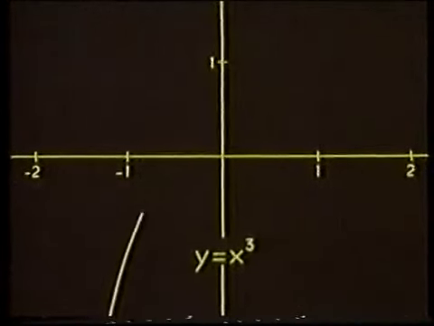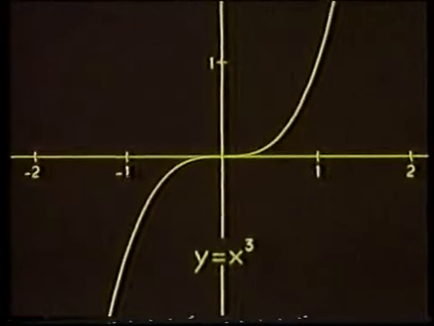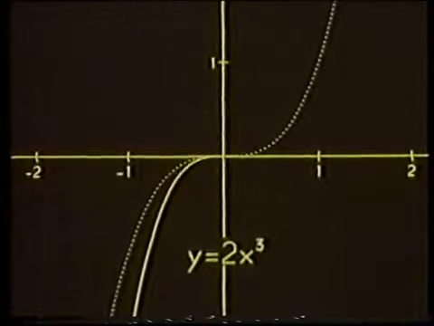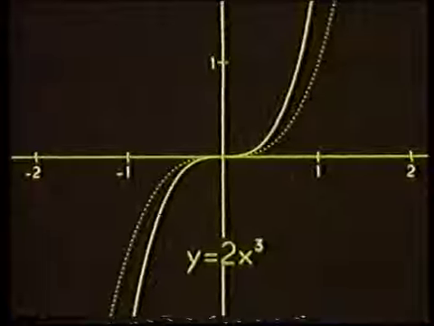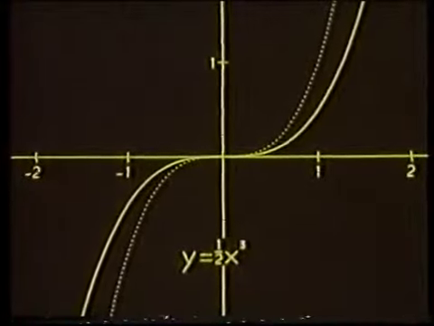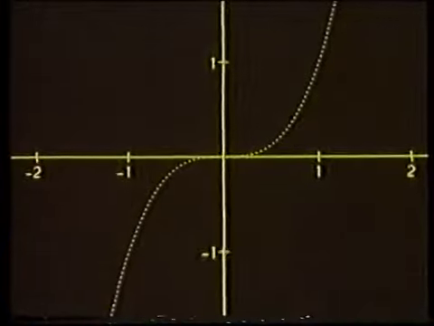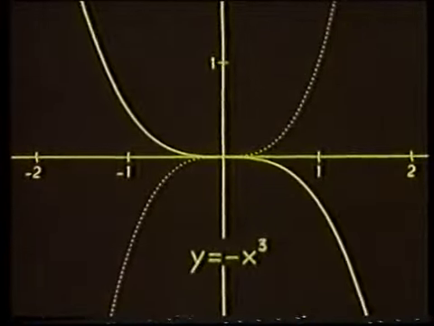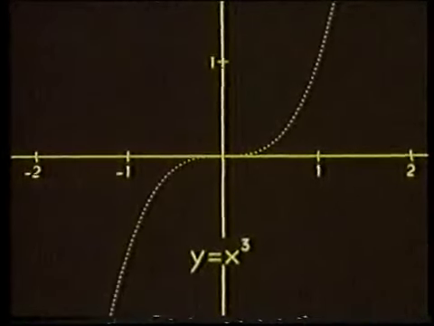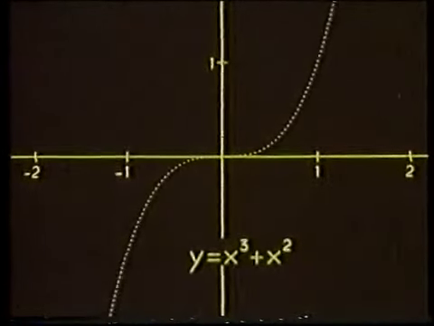Let's start by looking at a few of the simpler cubics. A negative coefficient reflects the graph. Now introduce an x squared term.